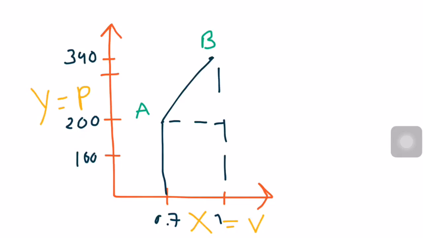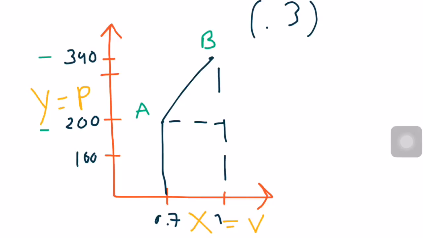We're going to start with the triangle. The base is from 0.7 to 1, which means there are 0.3 units. We multiply by the height of this triangle, that is from 200 to 340.